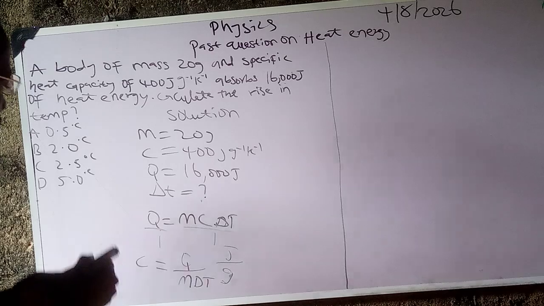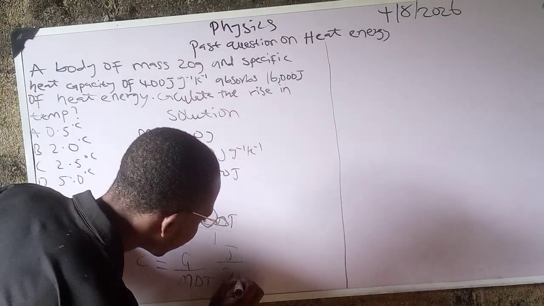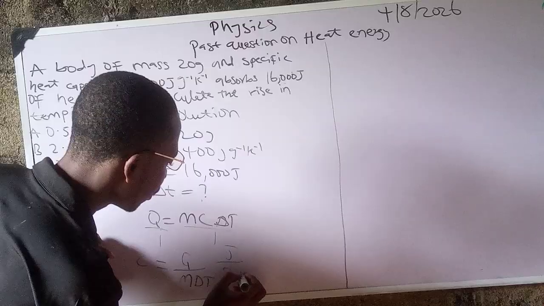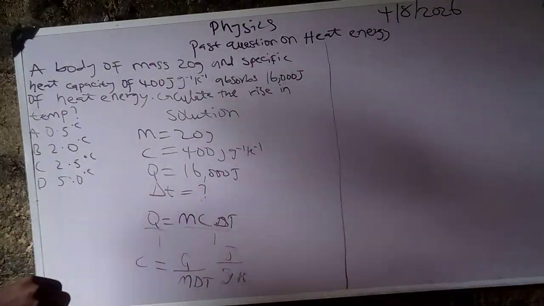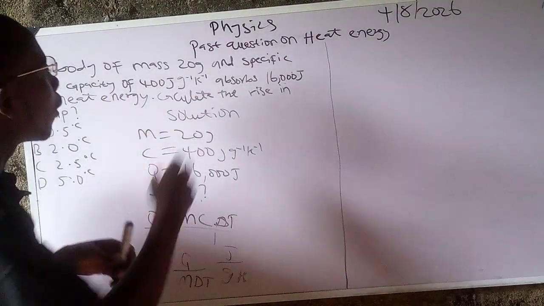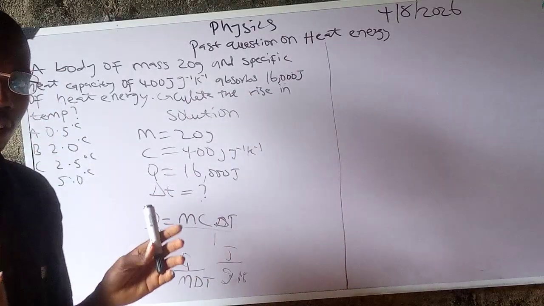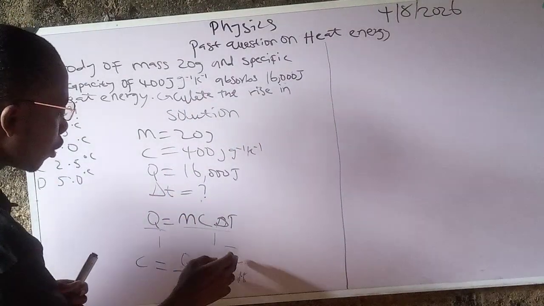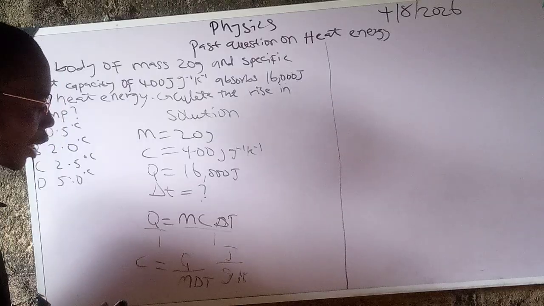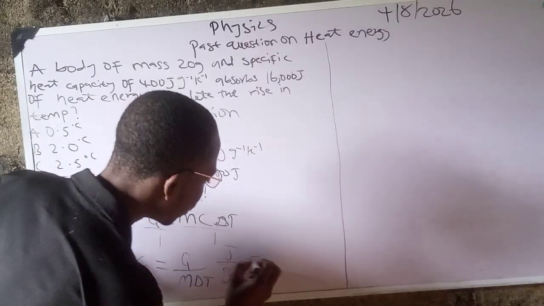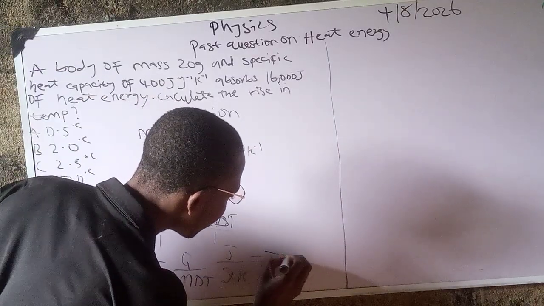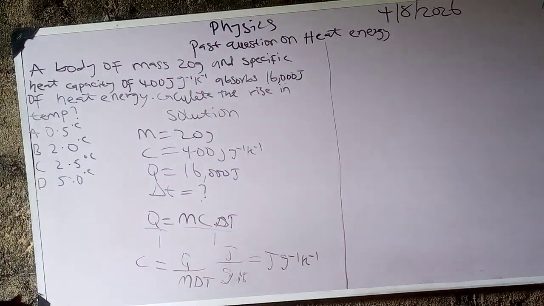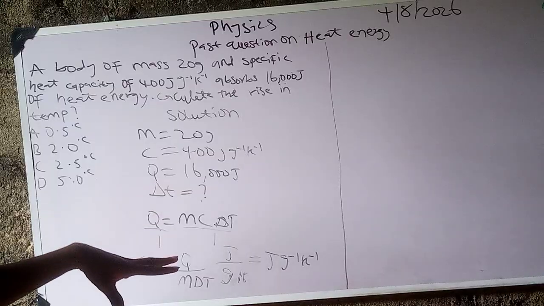In Kelvin. And it's also measured in degrees Celsius. But in this question, what they gave us here is Kelvin. So you see the trick now. Then joule divided by gram and Kelvin will give you joule gram per Kelvin.